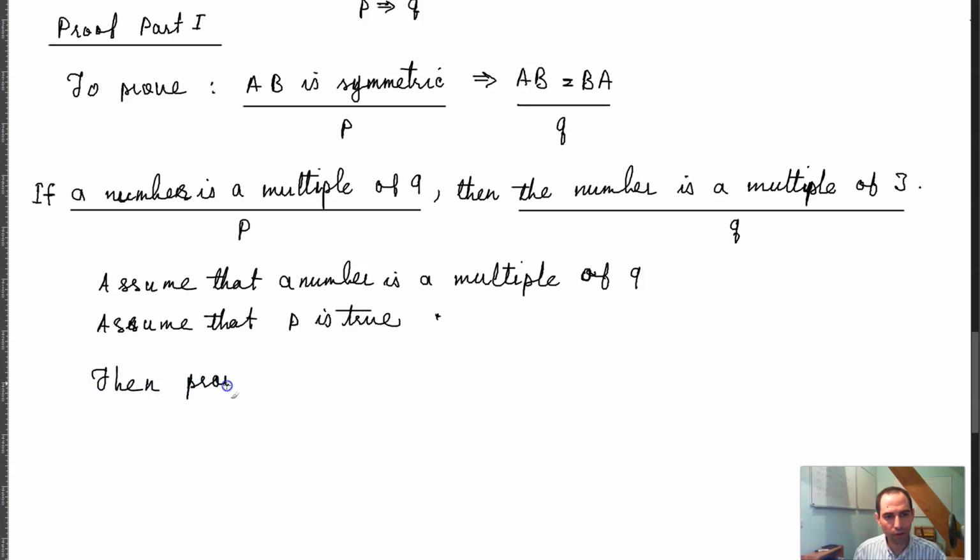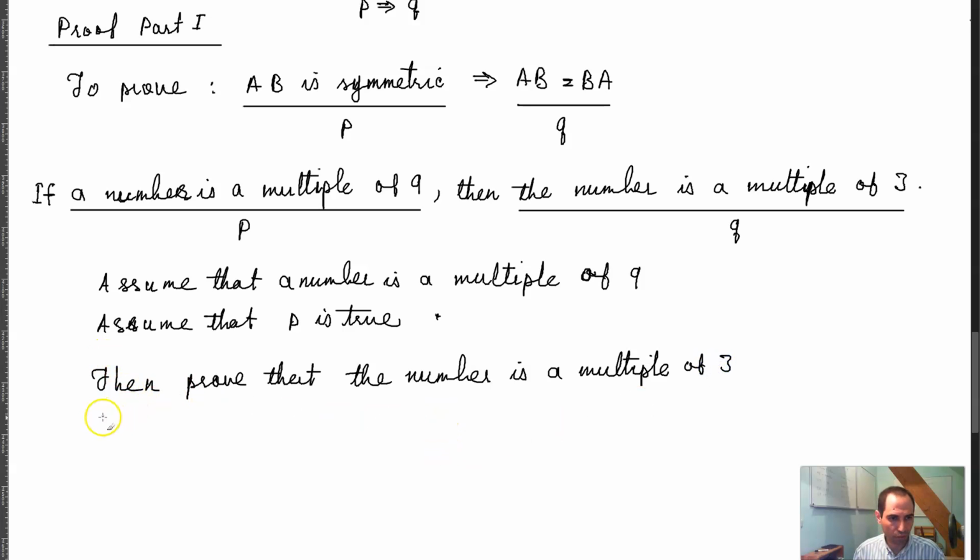When I assume that the number is a multiple of 9, then I will prove that the number is a multiple of 3. Or in other words, I will prove that Q is true, right?